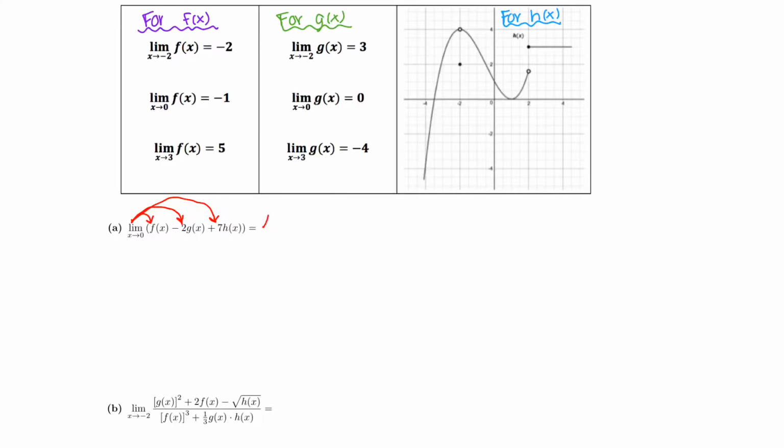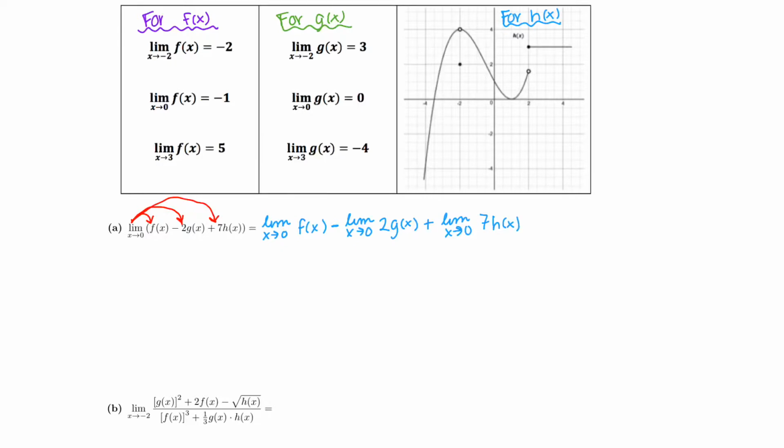So this is the same thing as the limit as x approaches 0 of f of x, minus the limit as x approaches 0 of 2g of x, plus the limit as x approaches 0 of 7h of x.